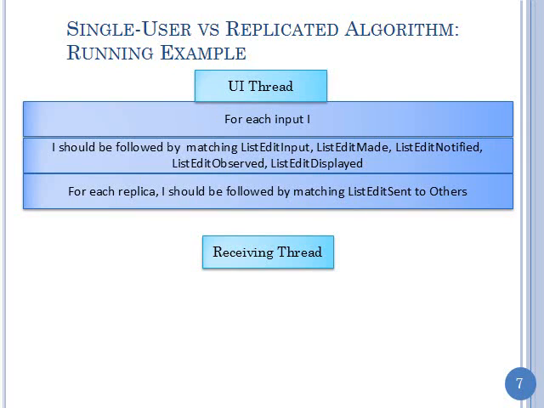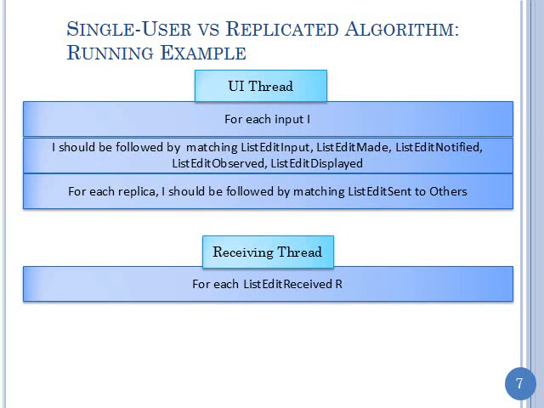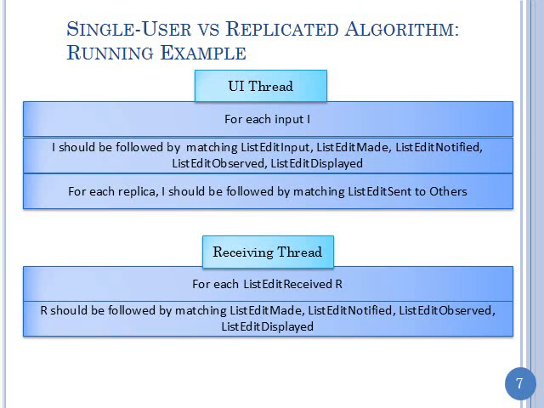I imagine the first thing would be a list edit receive. Yeah, that demonstrates we received this. Then we'd have to update our version of the model. It should be a list edit made. So for each list edit received R, we have to do list edit made.